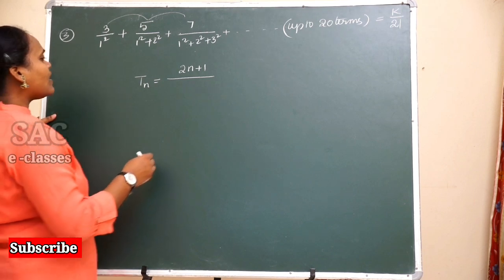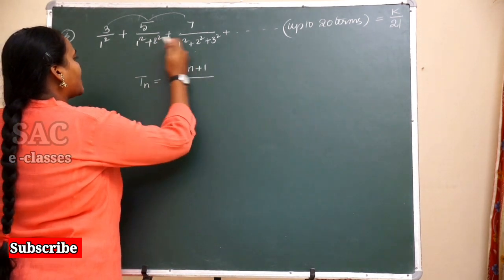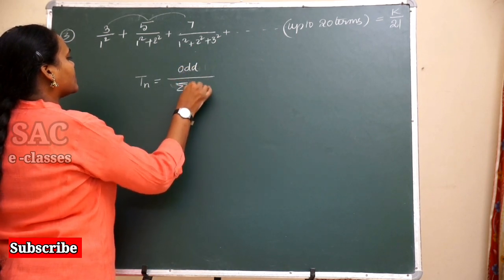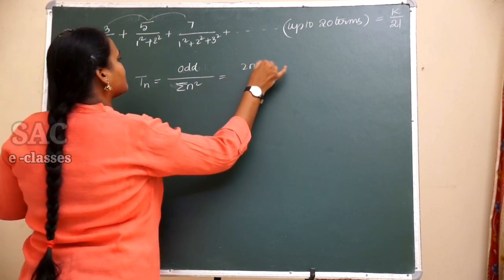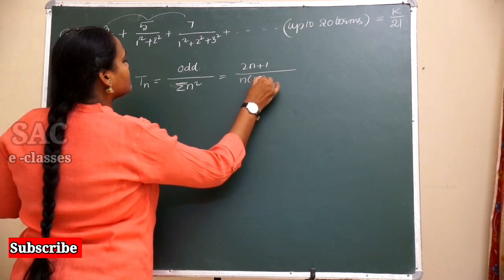So the nth term is the odd number 2n plus 1 by sigma n square, using the sum of n squares formula I told you already.